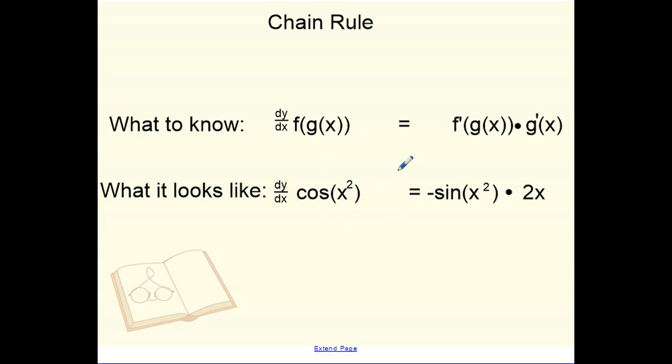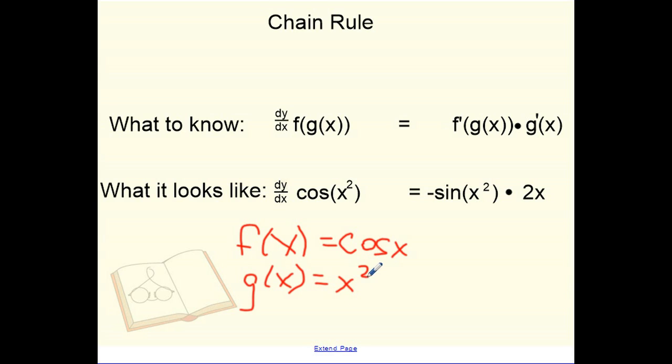If we want to take the derivative of cosine of x squared, we're going to identify both of these functions. Our f of x is going to be cosine of x, and our g of x is going to be x squared.